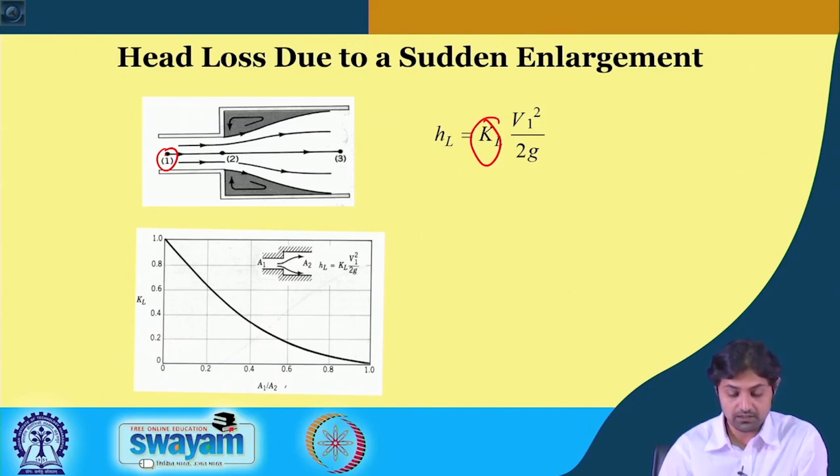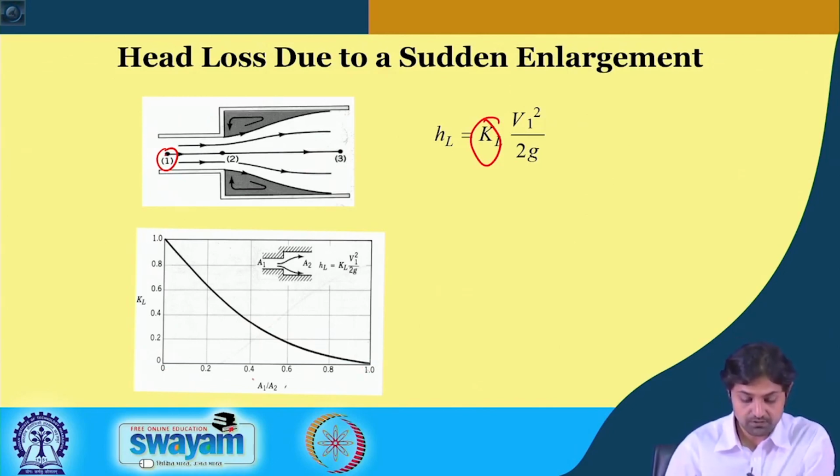Suppose the second area is very large, so A1 by A2 is tending to 0, and therefore the entire energy will be lost.